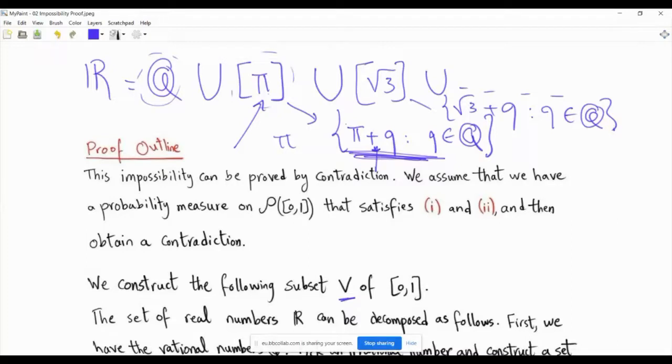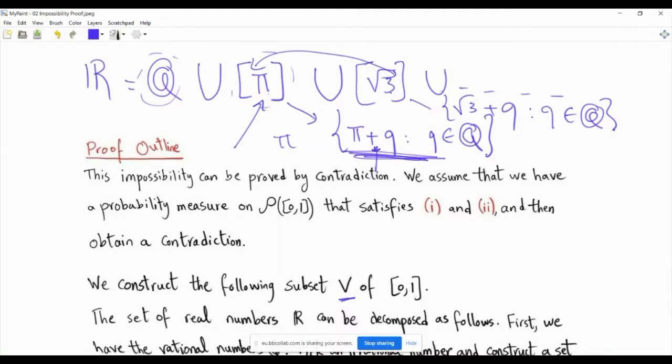So each set is characterized by the difference between any two of its elements being rational, and you can show that the difference between elements in different sets is not rational.